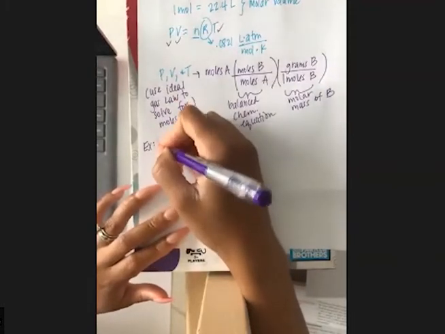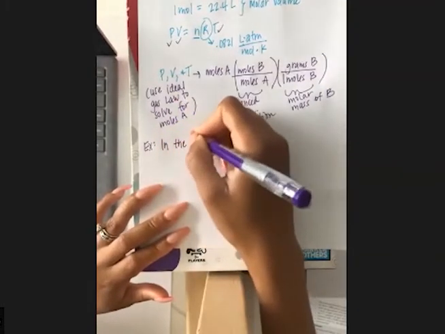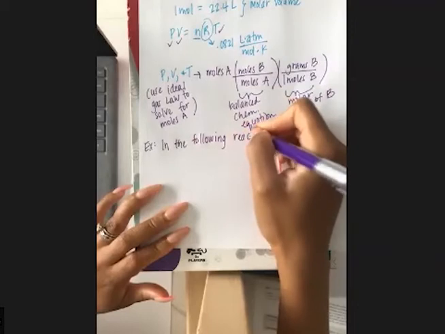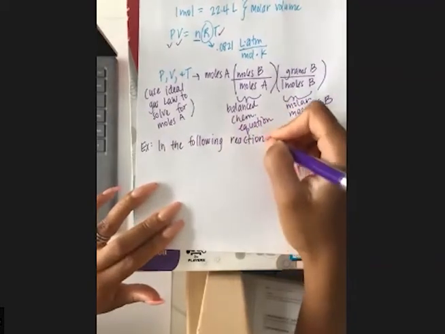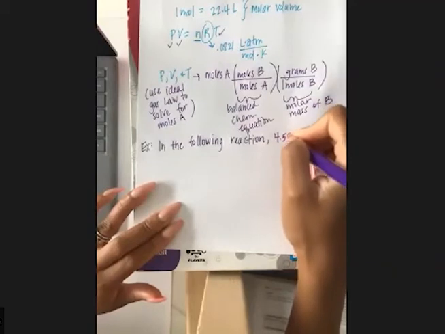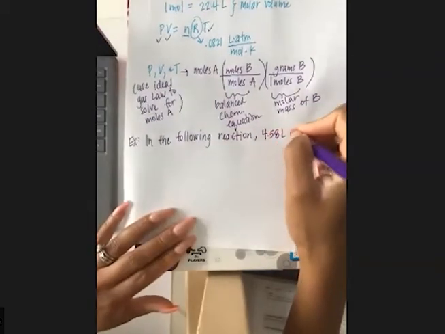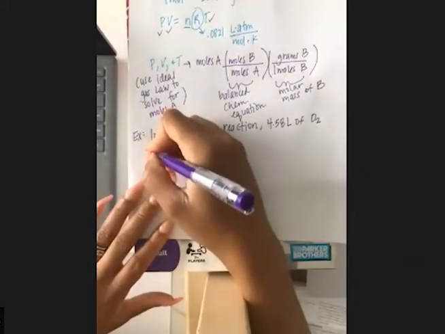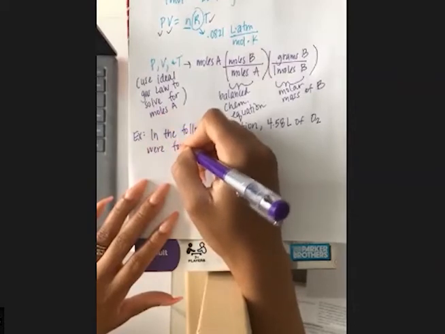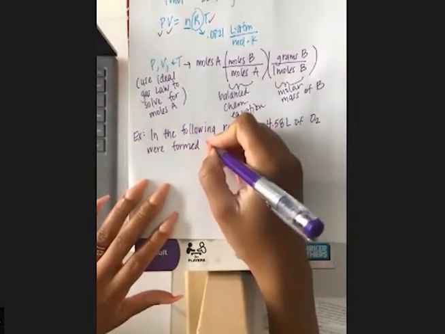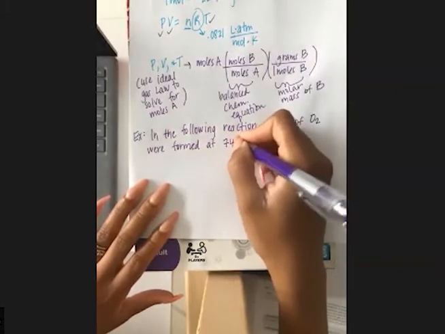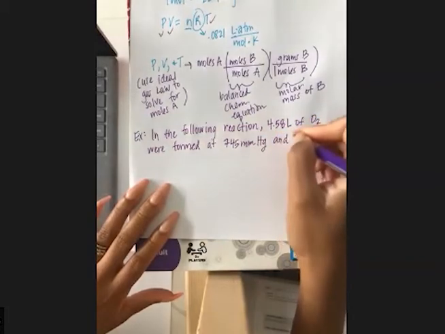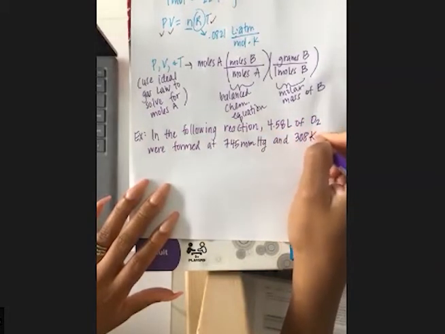My example says, in the following reaction, 4.58 liters of oxygen gas were formed at 745 millimeters of mercury and 308 Kelvin.